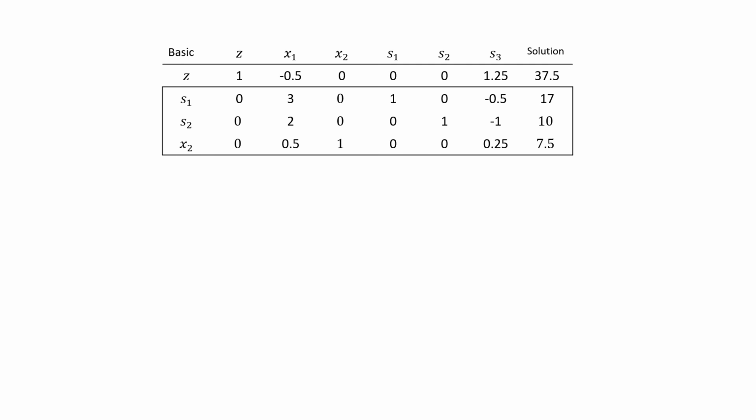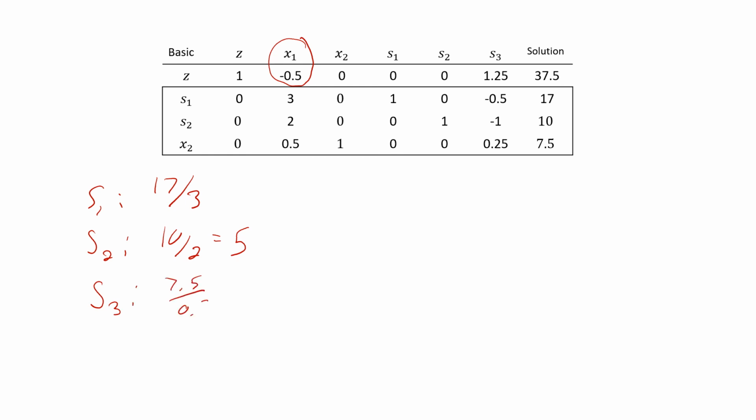So we have x1 is our new entering variable. We do our ratios. S1 is 17 over 3. S2 is 10 over 2, which is equal to 5. And S3 is 7.5 over 0.5, which is equal to 15.